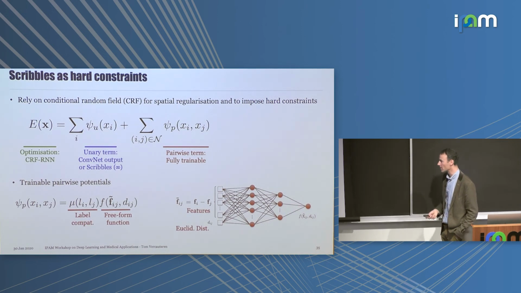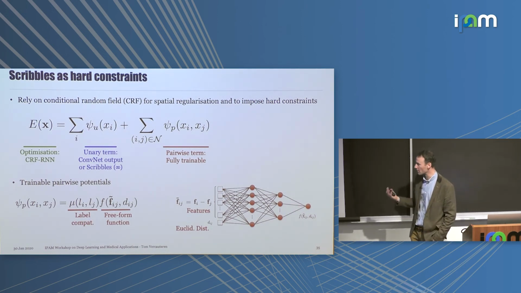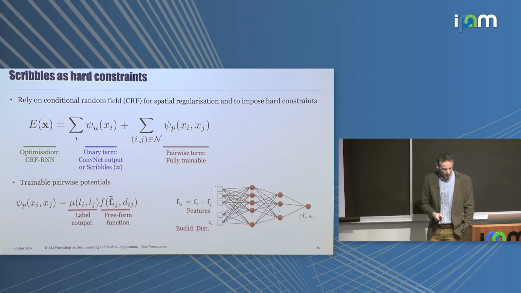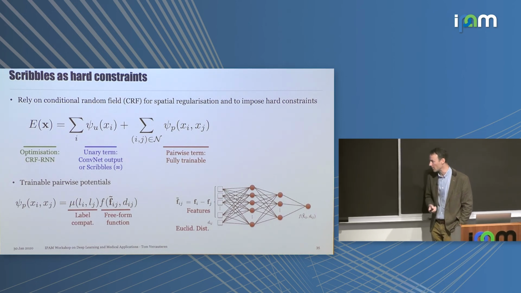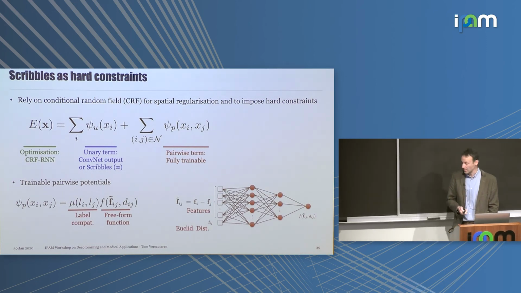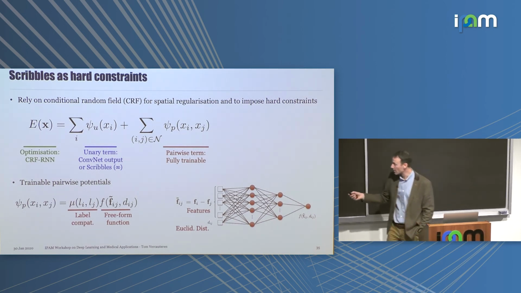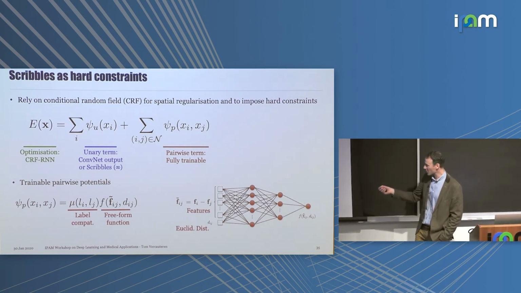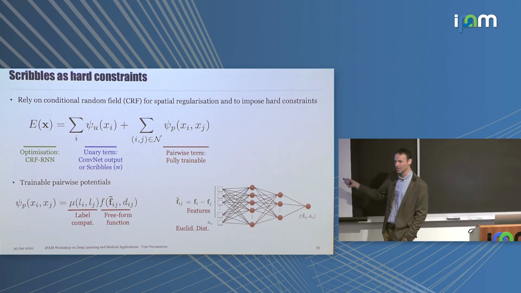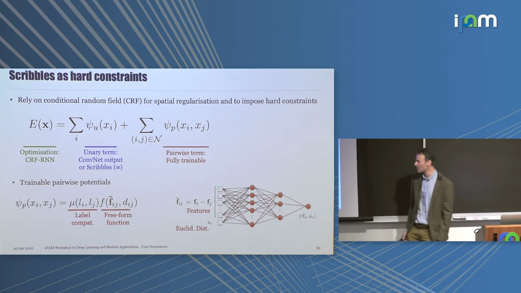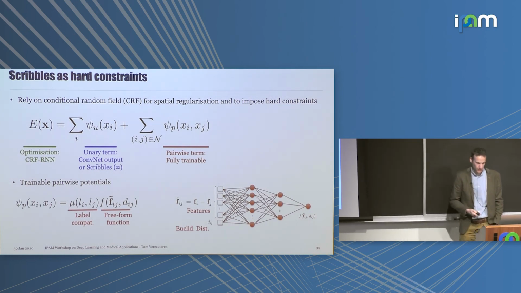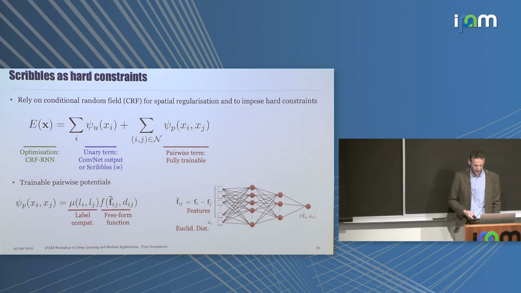So we designed a free-form function to encode these pairwise terms and learn the form of the regularization from the training data we have. To get this free-form function, we plug in a mini neural net, not convolutional, but just a small network, training a free function essentially to encode this regularization term. Okay.